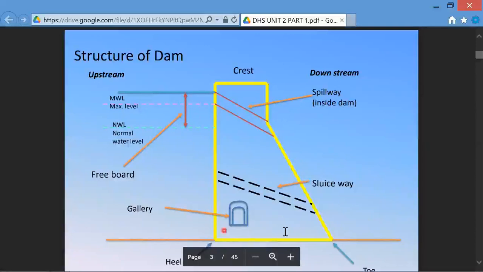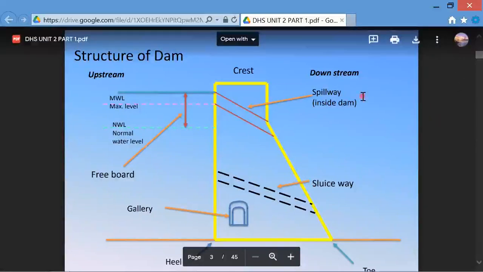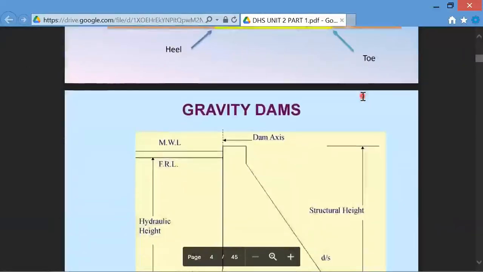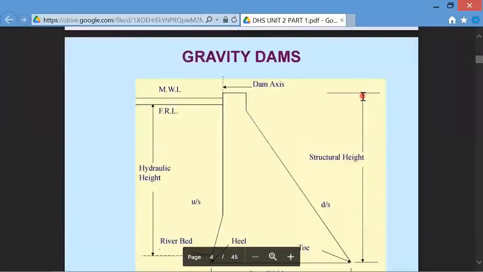This is the heel and this is the toe. So the inclined trapezoidal shape will end here at the toe, and a vertical shape will be at the heel. Now the overall height is the structural height of the dam, and on the upstream side up to the maximum water level or full reservoir level, there will be the hydraulic height.